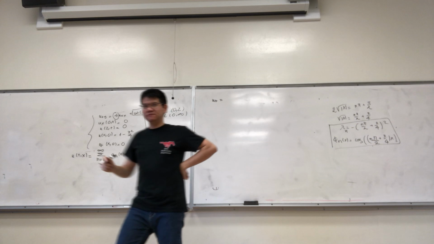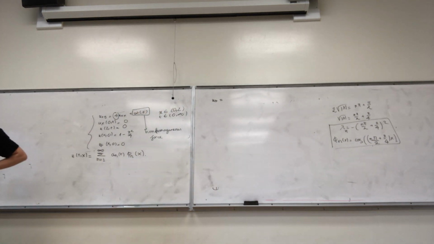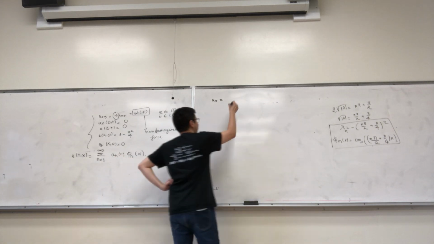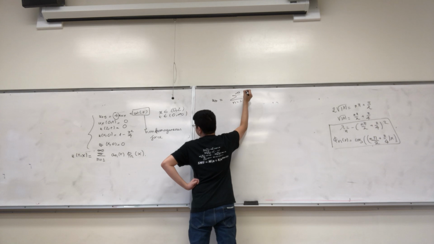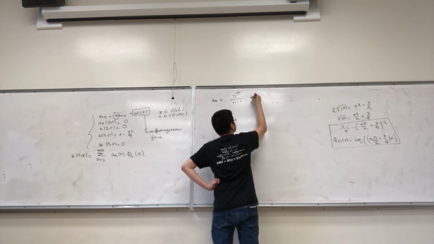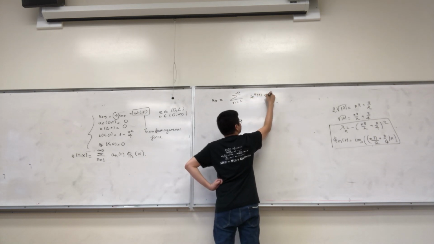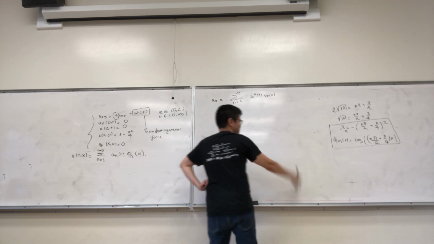What is u tt? It's a n double prime of t phi n of x.